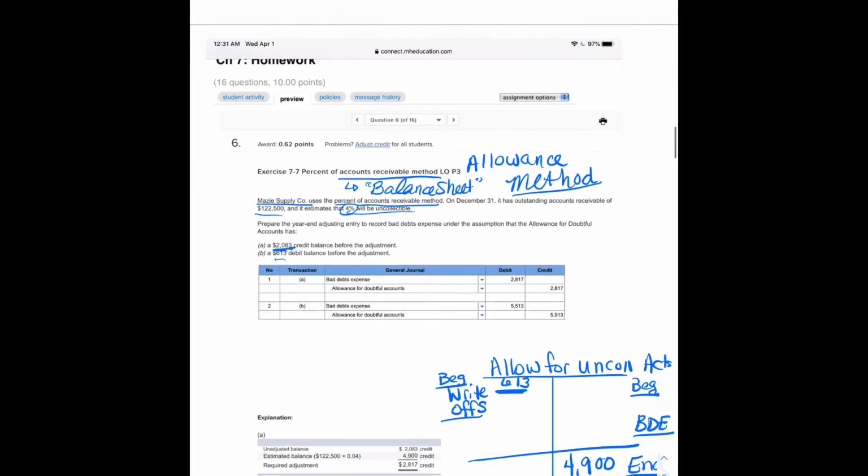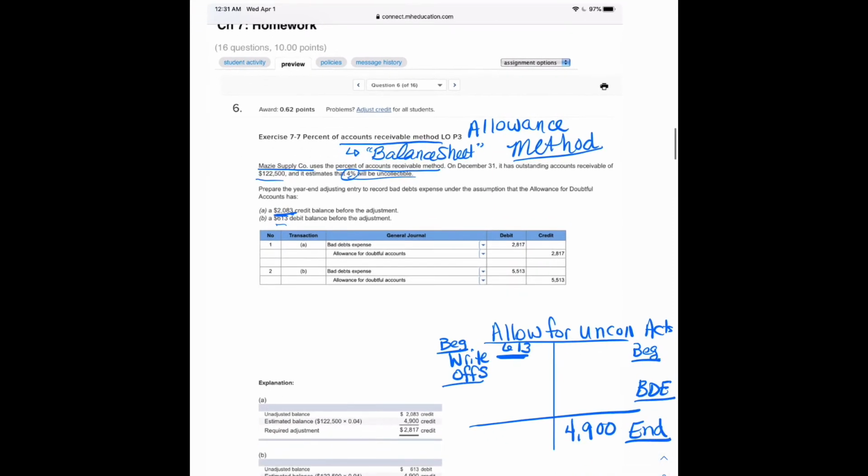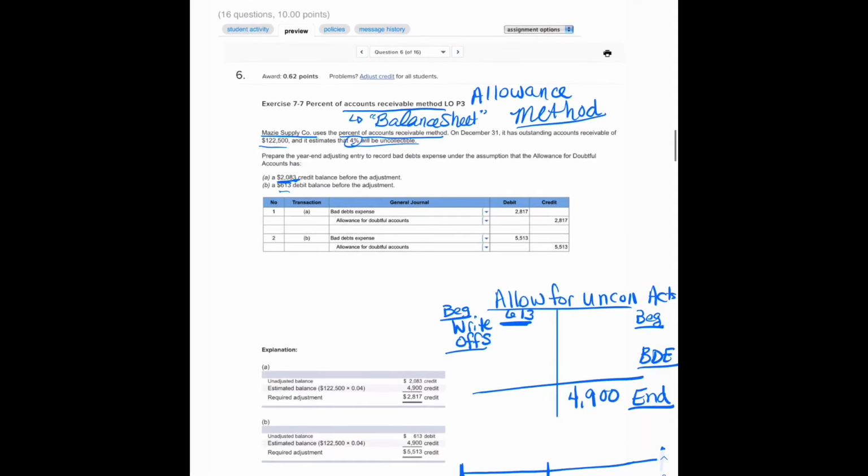However, when we are dealing with a balance sheet method, that will no longer suffice, because we now need to take into account these beginning balances. So if I give you a beginning balance and I ask you for the percentage of sales method, please don't get confused and accidentally use that in your calculation. The question may give you additional information you don't need, so be sure you know what information you need for each method.